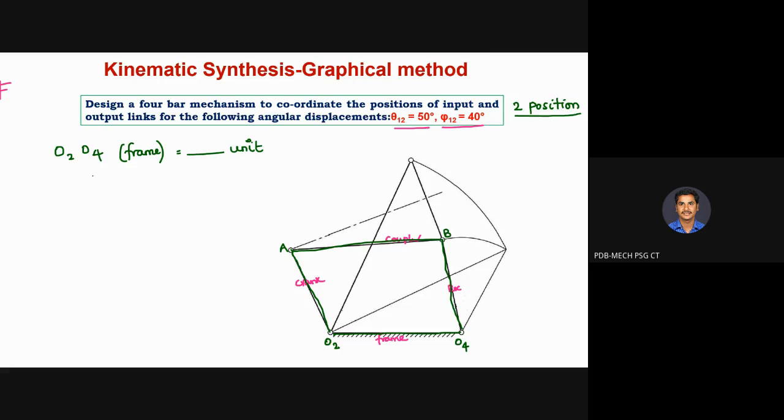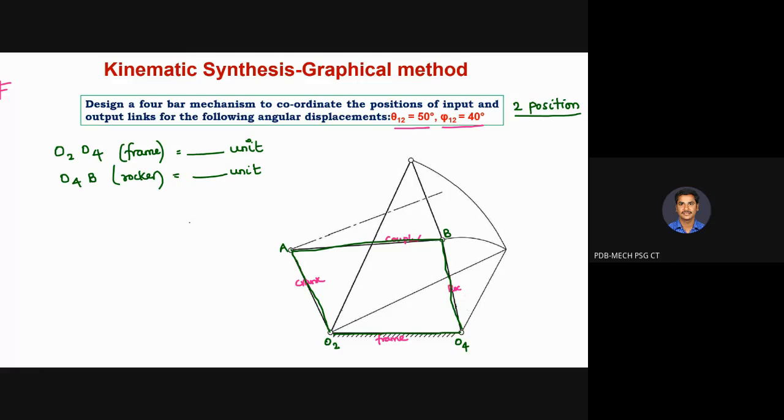Okay. Similarly, the second assumption is O4B. What is O4B? Rocker length. Yes, the rocker I am going to assume. So two assumptions I am going to make now. As far as the graphical approach is concerned, no data related to the dimensions of the links is given, only the data pertaining to the orientation of the crank and the orientation of the output link, that is the rocker.